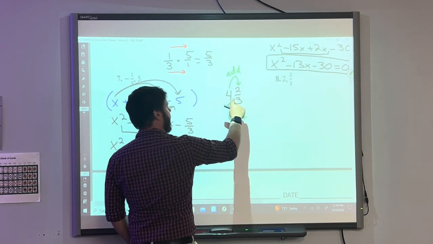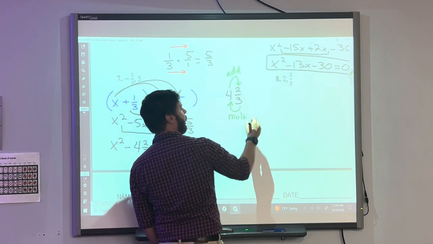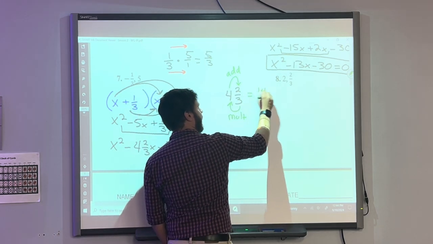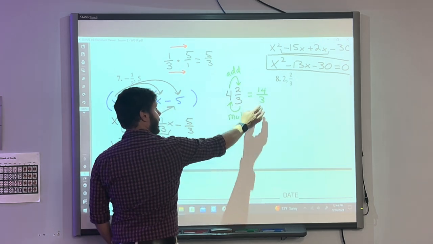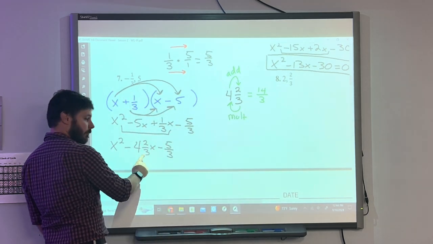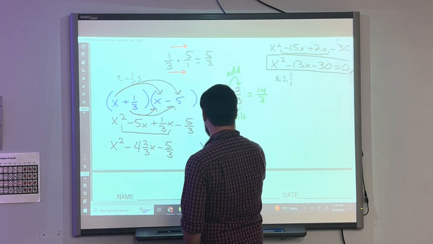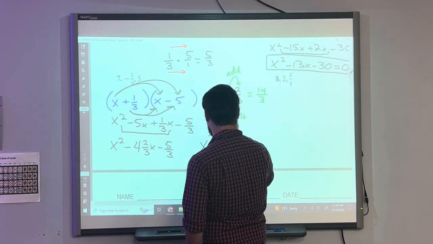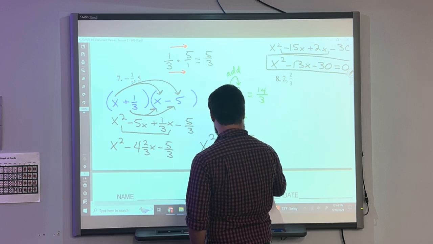I mean 4 times 3 is 12. 12 plus 2 is 14. And the denominator stays the same. So I'm now going to take this and I'm going to swap it out for that because that's gross. And my final answer will look like x squared minus 14 over 3x minus 5 over 3.